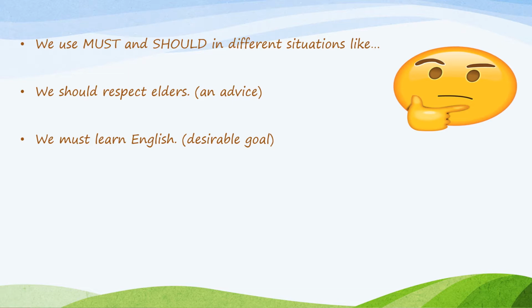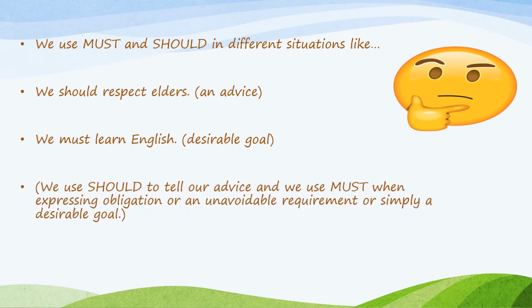And in the second sentence, we must learn English. This is the desirable goal. Here, we use should to tell our advice, and we use must when expressing obligation or an unavoidable requirement or simply a desirable goal.